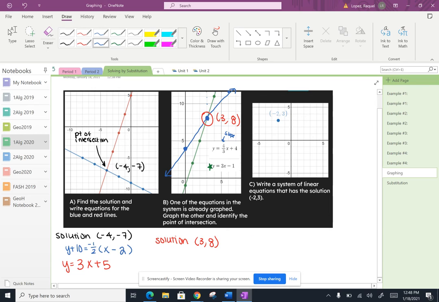Point-slope form has the structure y minus k equals m times x minus h. I know that both equations have to have this point, -2, 3. So I can just go ahead and substitute -2 in for h and 3 in for k into both of those equations. So let's do that here.